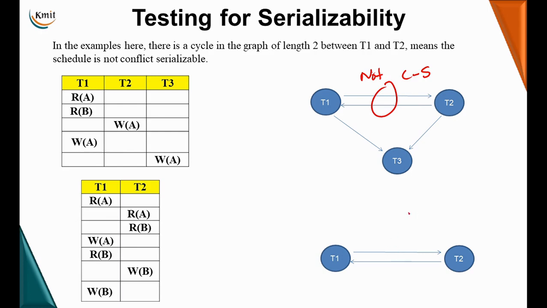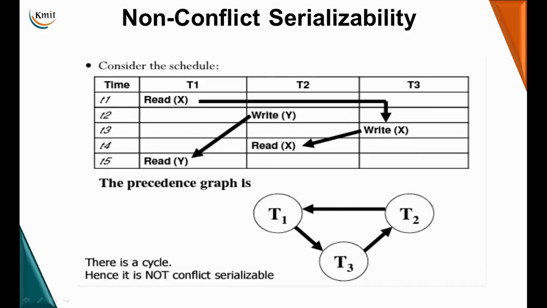Similarly here also, this is not a conflict serializable schedule because of the existence of a cycle. This is another example where, if you see here, from T1 you start, go to T3, then T2, then T1. That means there is a cycle in this particular example also. Whenever there is a cycle, we say that it is not a conflict serializable schedule.